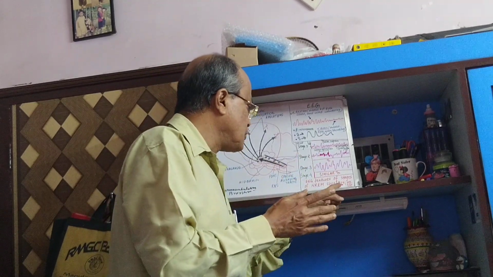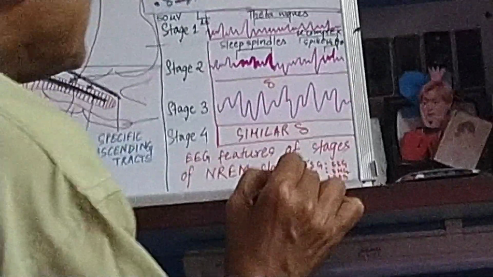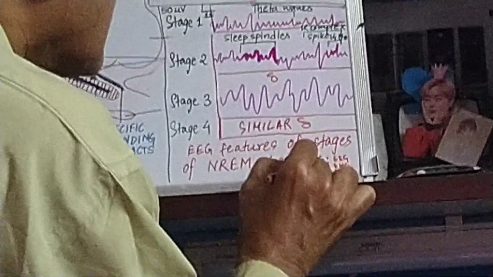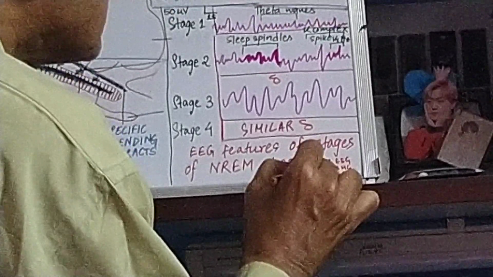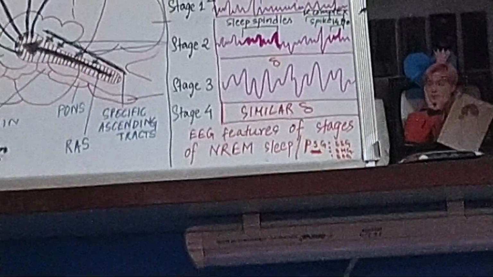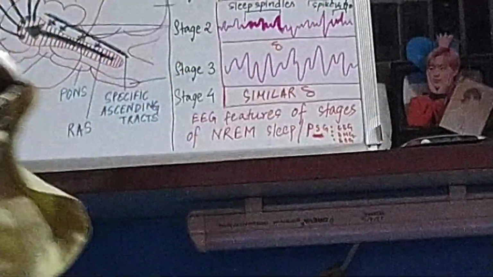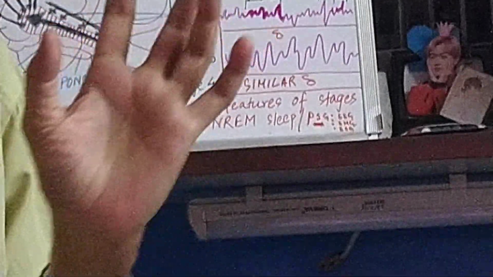Now to end with, this PSG, which is written over here, PSG, what is that? PSG is a mechanism, an instrument or a method by which the sleep can be recorded, known as polysomnogram, and the process is known as polysomnography.